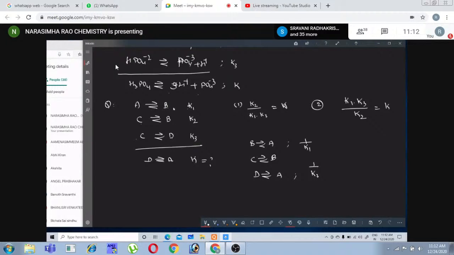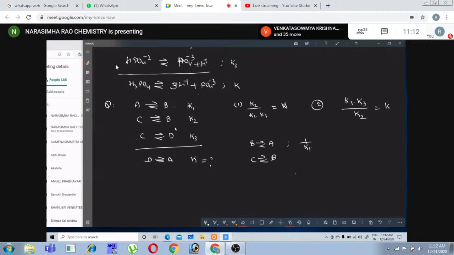A in equilibrium with B is the inverse value of K1. C with B is as it is, K2. Next, first equation is B to A, D to A. This is the inverse value 1 by K1.